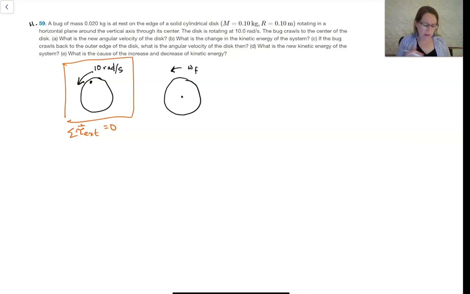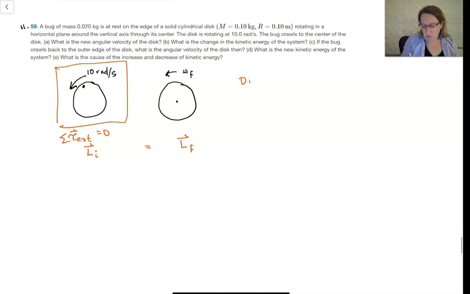So we can use the sum of the external torques equal to 0 to say that the angular momentum initial must be equal to the angular momentum final. In this case, the angular momentum direction hasn't changed, so the direction of angular momentum is the same as the direction of omega. You can use your curling right-hand rule and see that it's out of the screen.